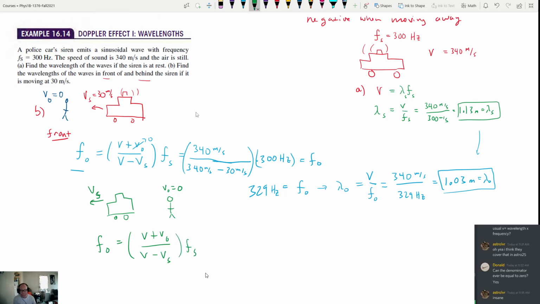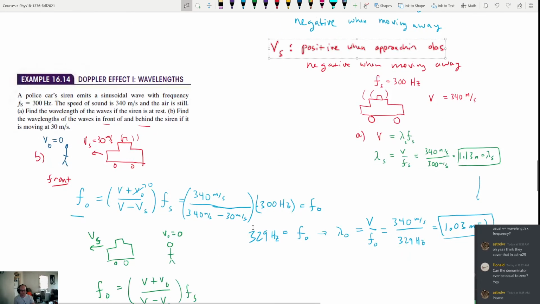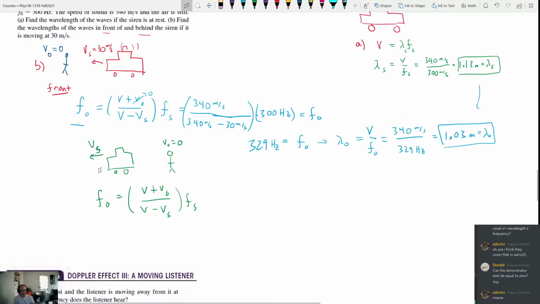We go back to our sign conventions, and it says VS is positive when approaching the observer. That's what we did here. It's positive. There's a negative sign in the equation, but this number is positive. We make VS negative when it's moving away from the observer. So here, this car is going away from the observer. It's going that way. So we're going to make VS negative. All right.